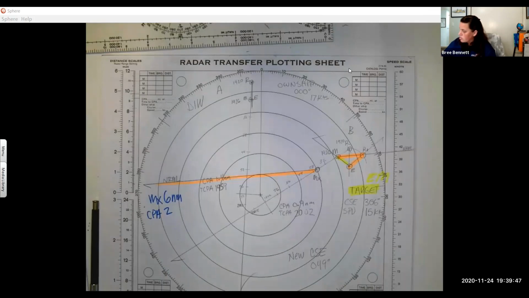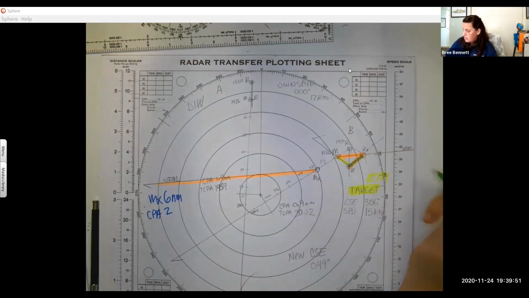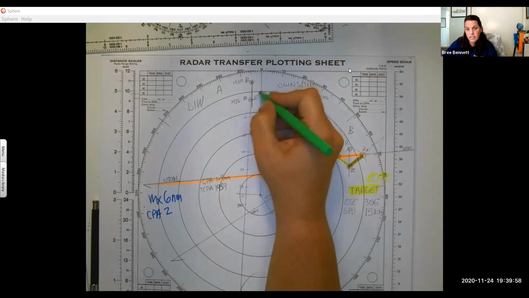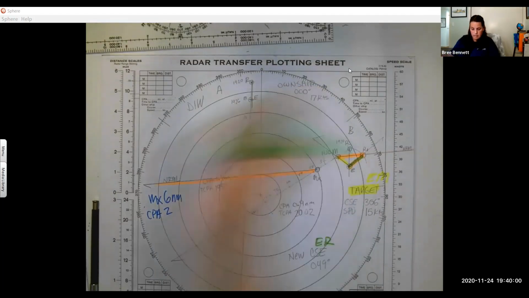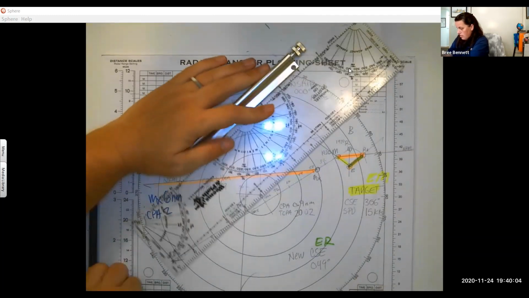We are going to use our E to R as our new course, and create our E to R line over here.